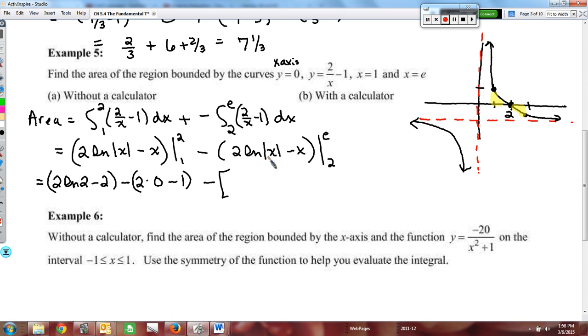Natural log of e is 1, so 2 minus e, minus, plug in your 2 natural log of 2 minus 2. And notice I'm dropping absolute value when it's a positive number if you're wondering where it went.